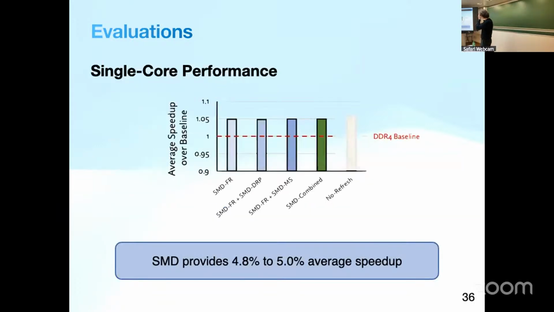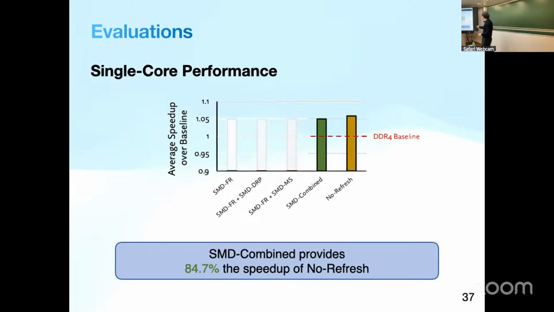The single core performance we can see is about 4.8 to 5% of an average speed up above the base configuration. In specific, I would like to highlight that the SMD combined configuration achieves about 84.7% of the speed up of the no refresh, so the hypothetical maximum.